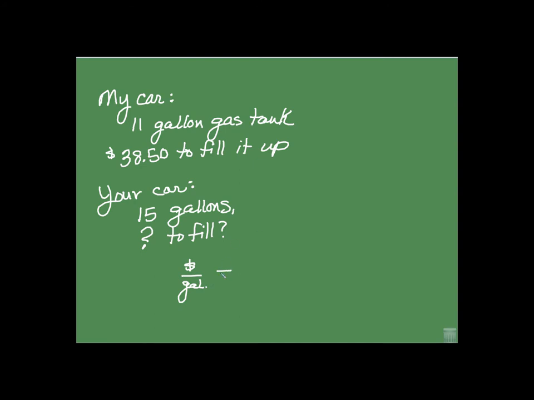So my proportion would be $38.50 for 11 gallons, and in your car, we don't know how much it cost, but the gallons would be 15. So if we do the cross multiplying, we would see that 15 times 38.50 equals 11x.